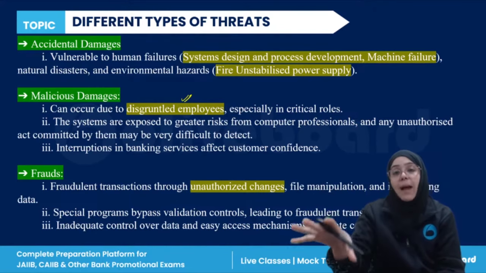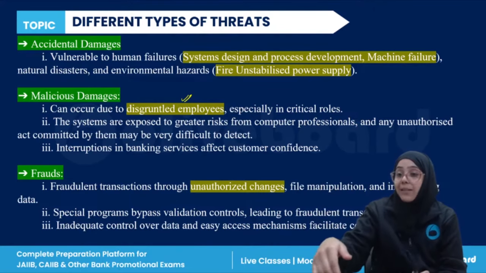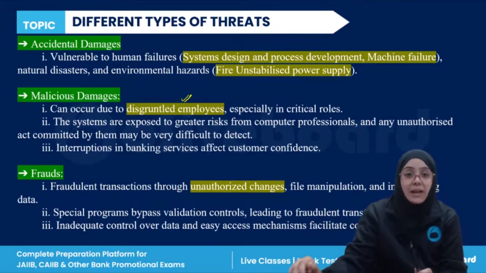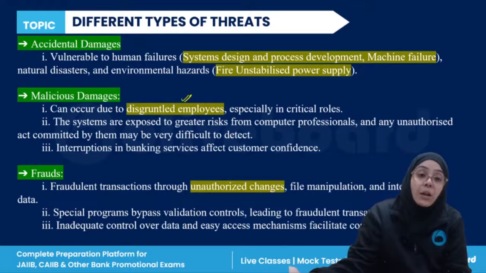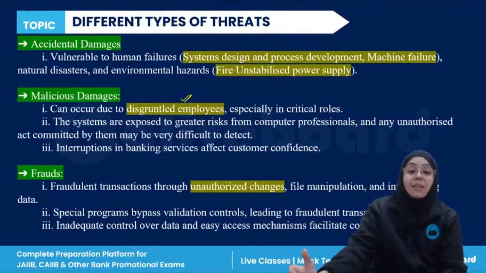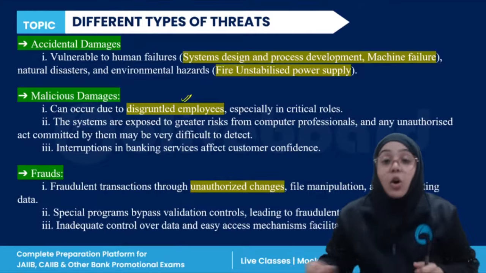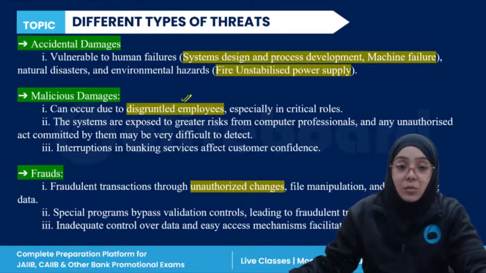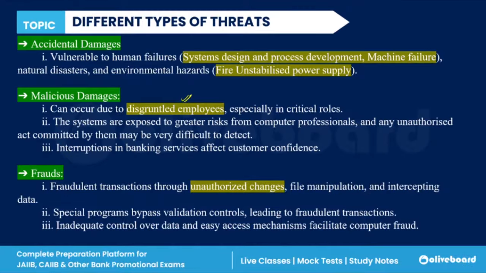If the employee is not happy, they can cause damage to your customer also. The customer has a bad experience with that employee. So these are the types of malicious damages that can happen in a working environment. Plus, obviously, frauds can happen. Fraud transactions mean unauthorized changes. For example, there is a file, there are unauthorized changes, there can be file manipulation, right? There can be intercepting of data.